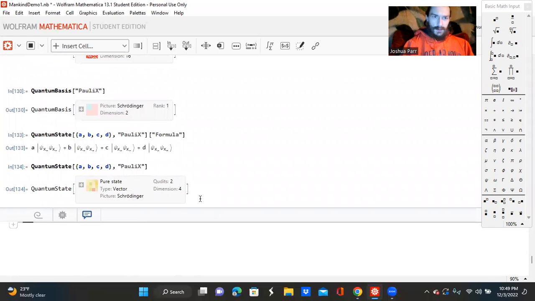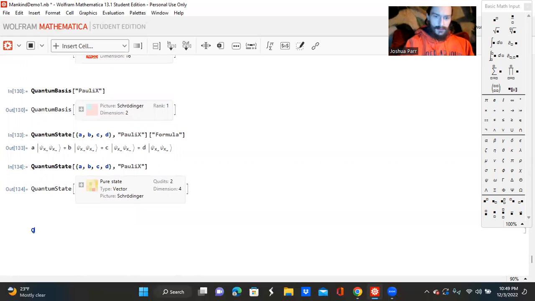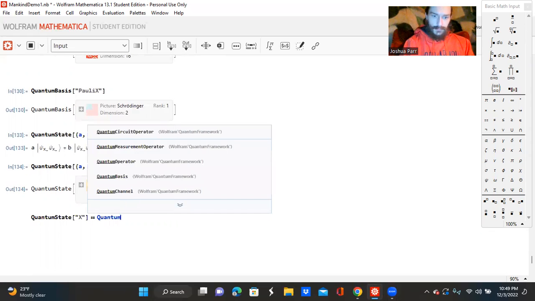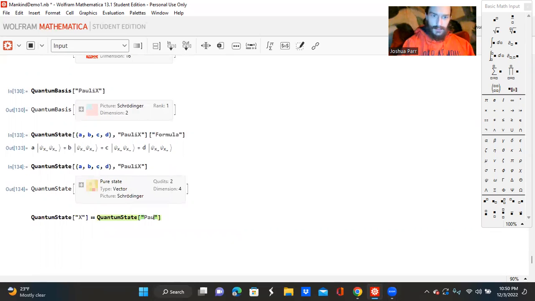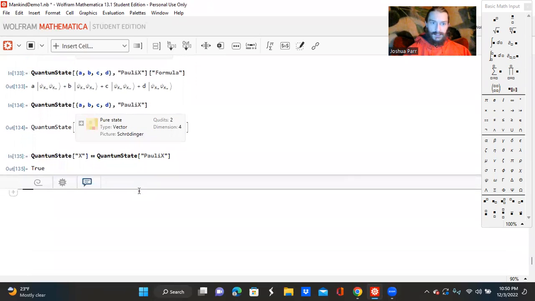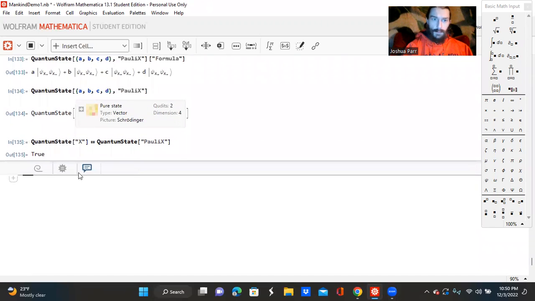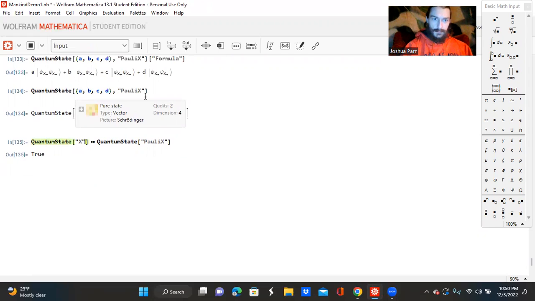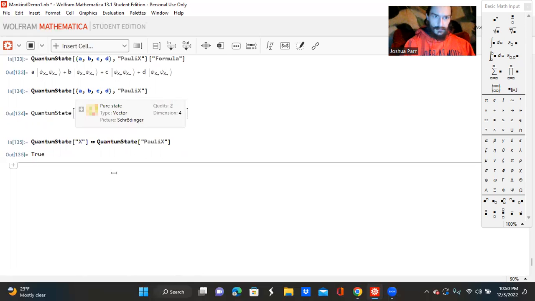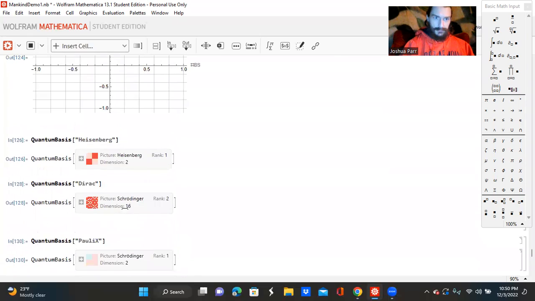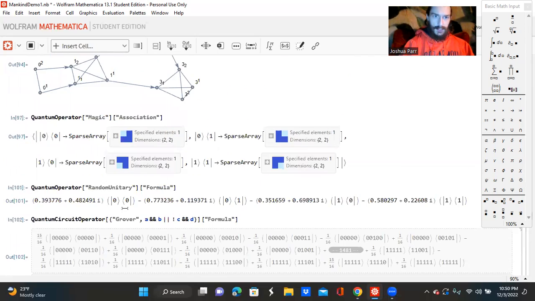So now just to show that, quantum state X equals quantum state Pauli X, and that says that they are exactly the same operator. Now what else do I want to do? Okay.